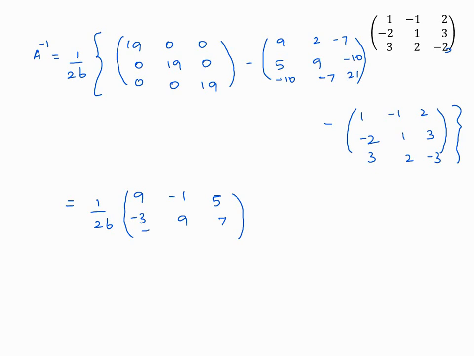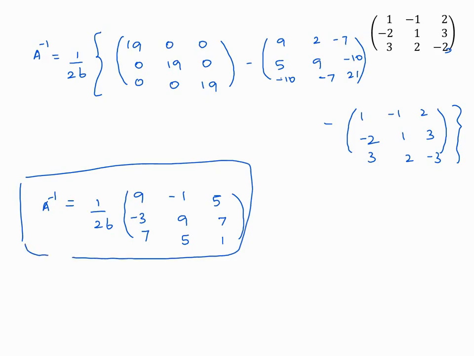Plus 7 minus 2, you get 5. 19 minus 21 plus 3, so 1. Therefore the A inverse for the matrix of order 3 cross 3 is 1 over 26 of: first row 9, -1, 5; second row -3, 9, 7; third row 7, 5, 1.